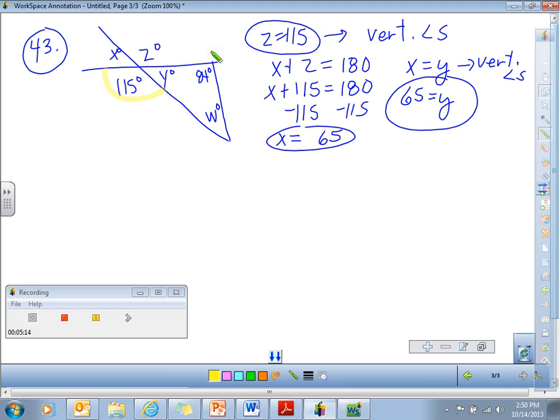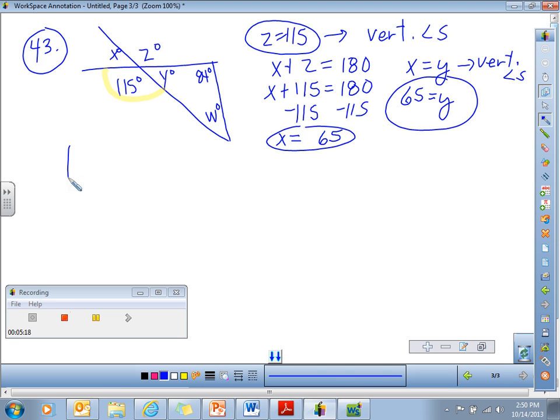We talked about the exterior angle, which is 115, is equal to the sum of the two remote interior angles. That means the ones that are far away from it.